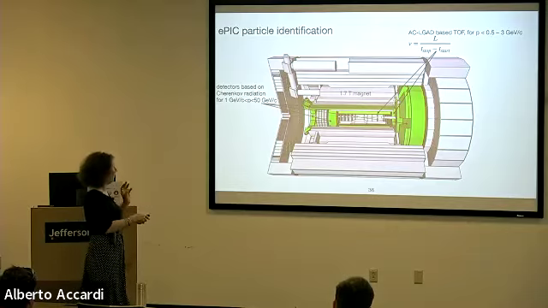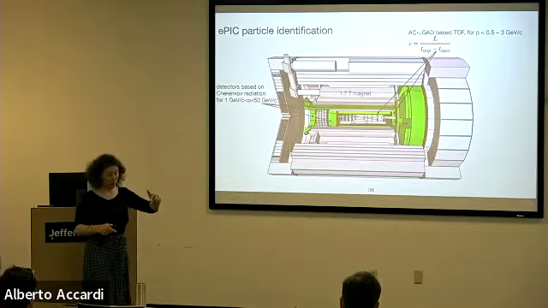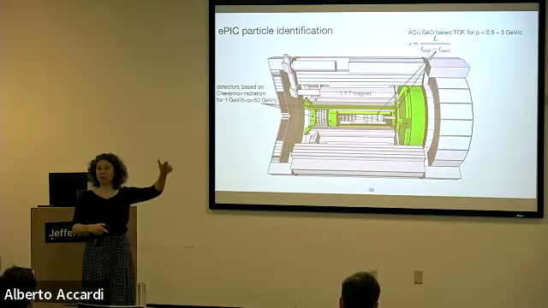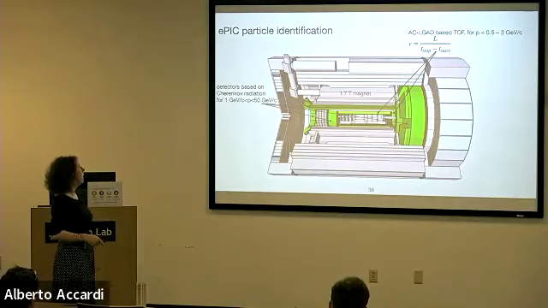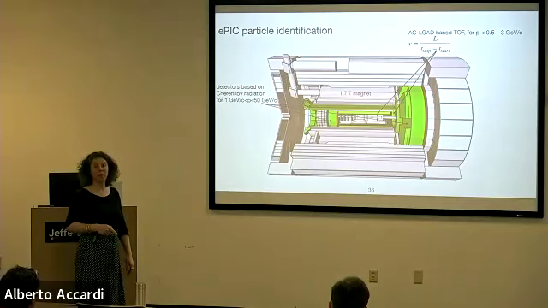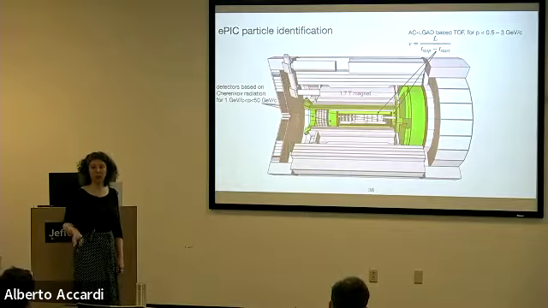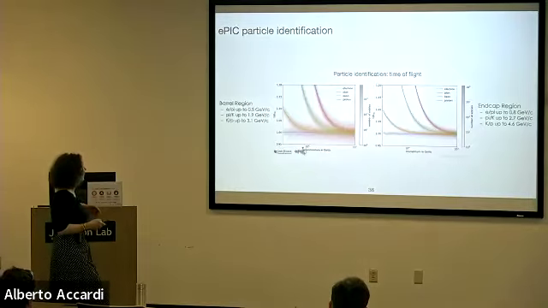So you already have 2 points in time. And then with your tracking system, you can reconstruct the track of your particle, so how long it travels. If you just divide the length of its travel by the time it needed to travel, you get its velocity. And again, using the momentum that we obtained thanks to its bending in the magnet, you obtain its particle identification.